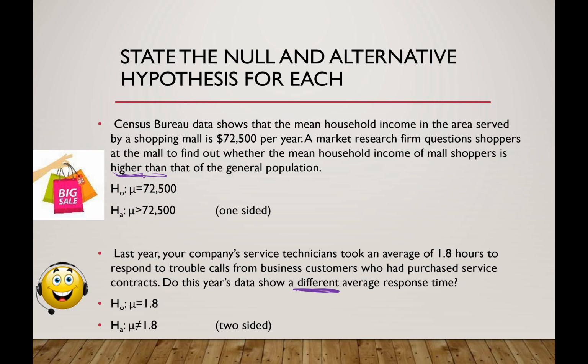If this were a complete hypothesis test, you would also want to define what mu is. And it's easiest to do that before the question. So like, let's say the first example, mu is the mean household income for the area served by the shopping mall.